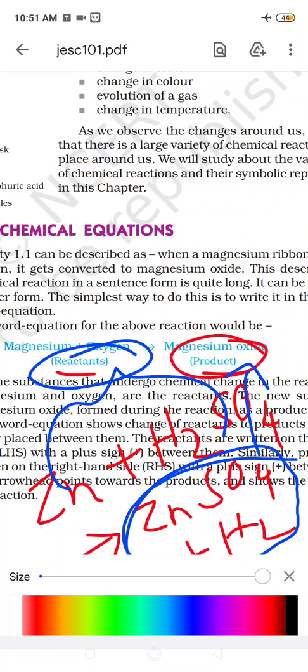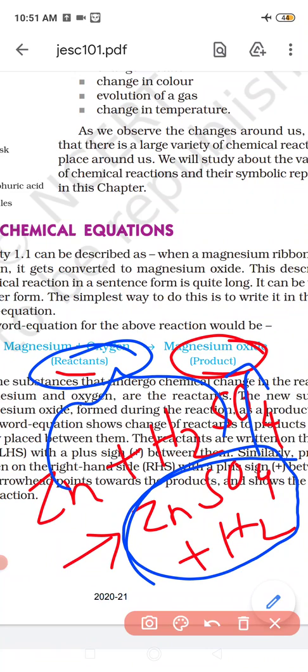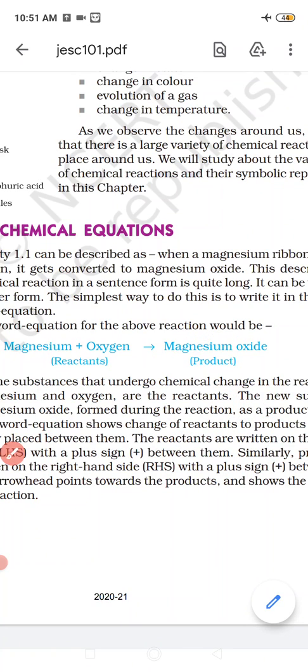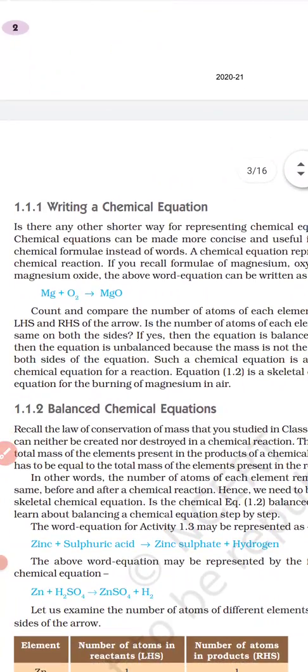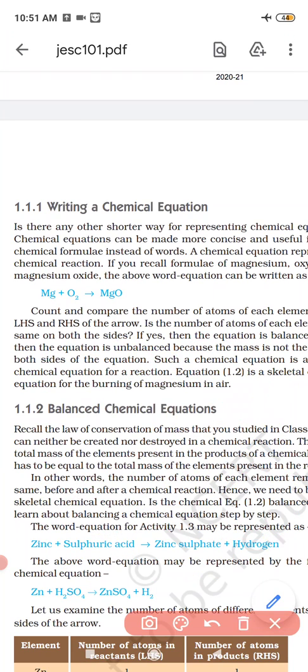When any substance name is written in its symbolic form, then that is known as a chemical equation. See, magnesium plus oxygen gives magnesium oxide.